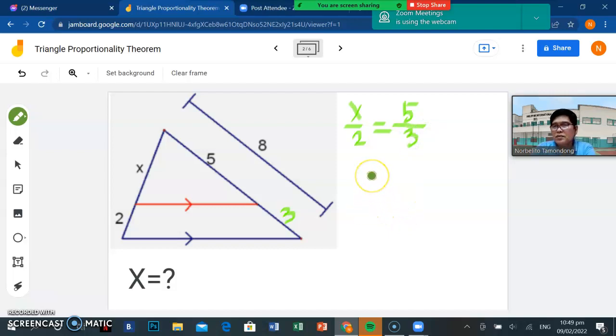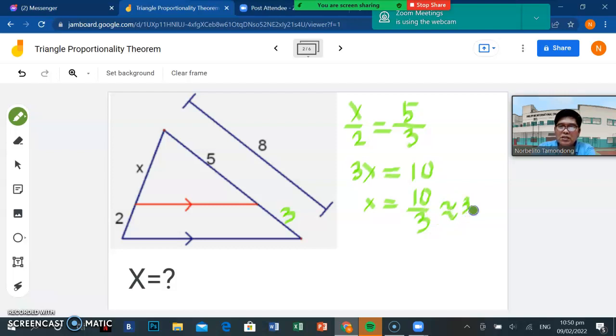So to use the proportion, the product of the extremes is equal to the product of the means. 3x, the product of the extremes, equal to the product of the means, 2 times 5, equal to 10. So x is equal to 10 over 3, or that is equivalent to 3.333.